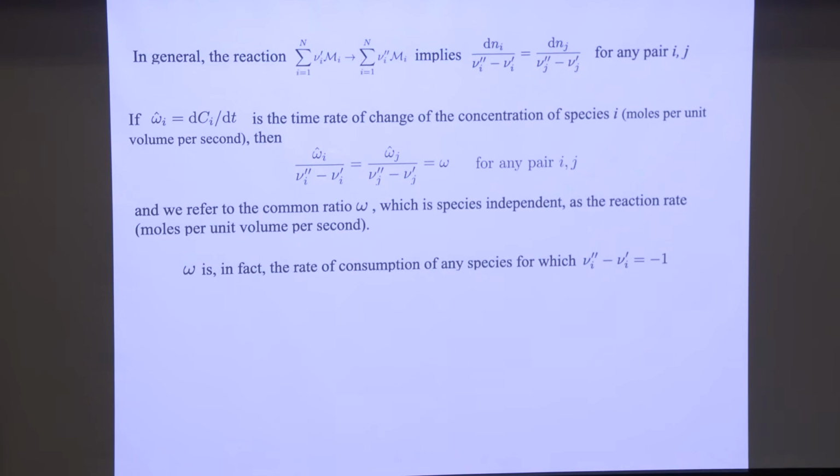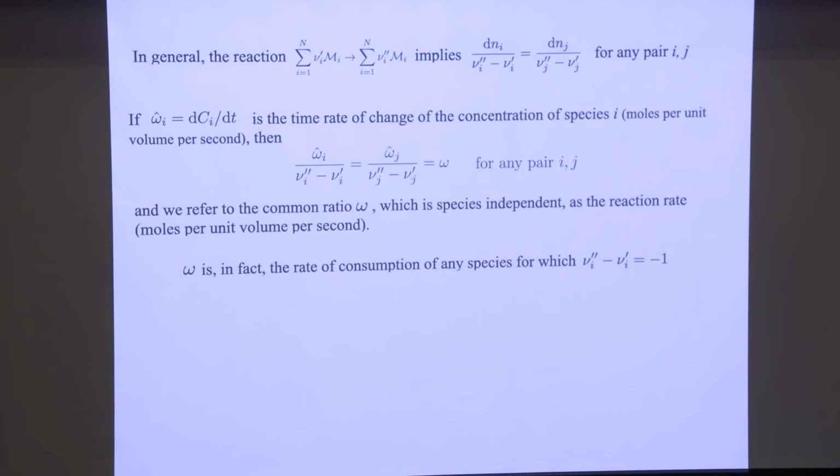But anyway, those are all related for two species, I and J, and therefore they are all equal to something that we refer to as the reaction rate omega, in moles per unit volume per second, and it's independent of any I, okay? In fact, the reaction rate is the consumption of species where the difference is 1, okay?